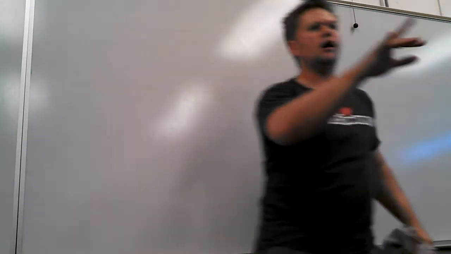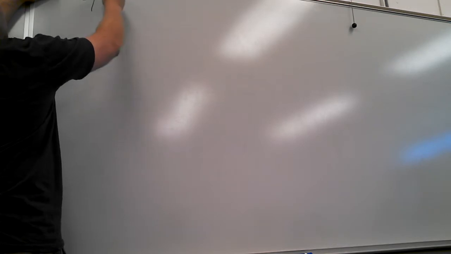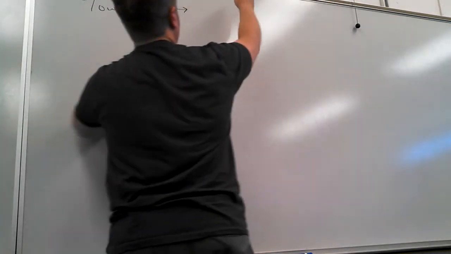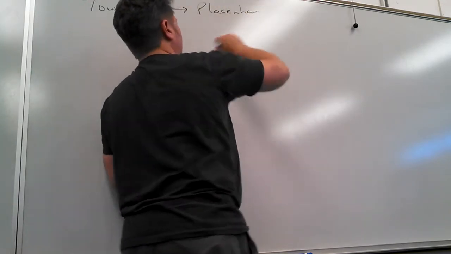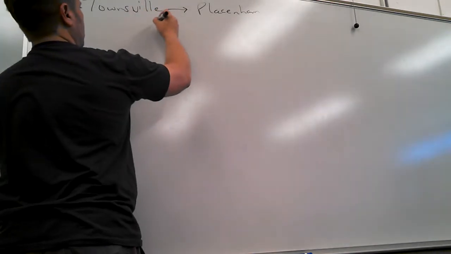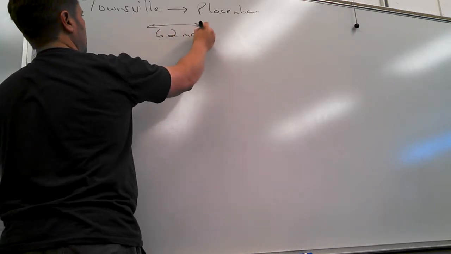What a classic problem is, if I look at a map and I want to go from Townsville to Placenham, and on a map they are 6.2 inches apart.